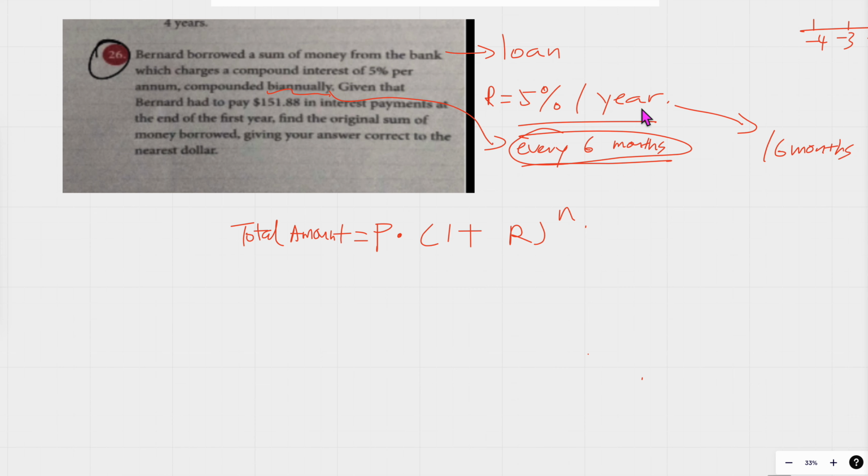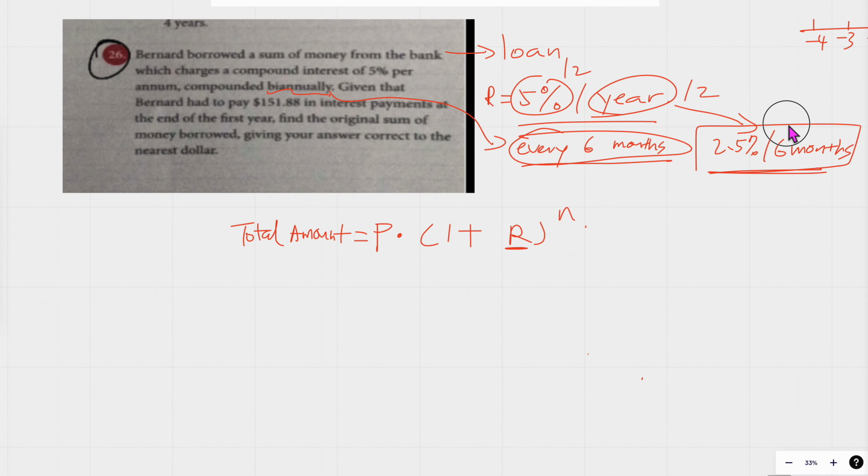If 5% per year, for 6 months, what's the rate? The year you divide by 2, right? So your rate must also divide by 2. So therefore it's 2.5% per 6 months. So this is the rate you put into the formula later on.